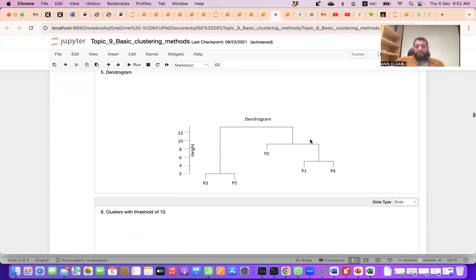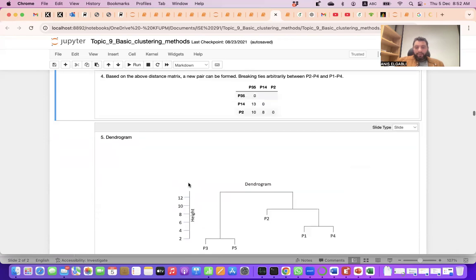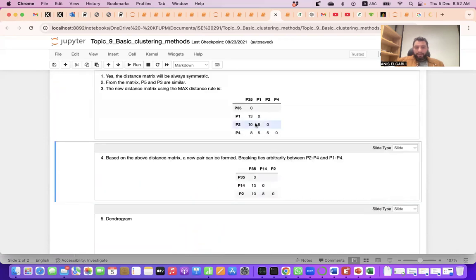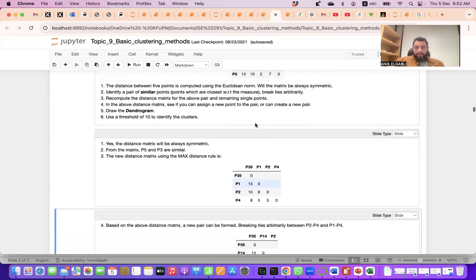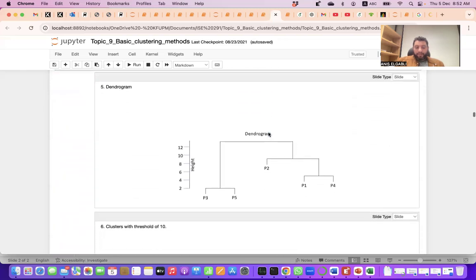So let's look at the dendrogram here. This is the dendrogram. We started with 3 and 5. The distance was 2. The height here represents the distance. And then 1 and 4, the distance between 1 and 4 was what? If you look, where is 1 and 4 here? It was 5. So the distance between these two is at 5.